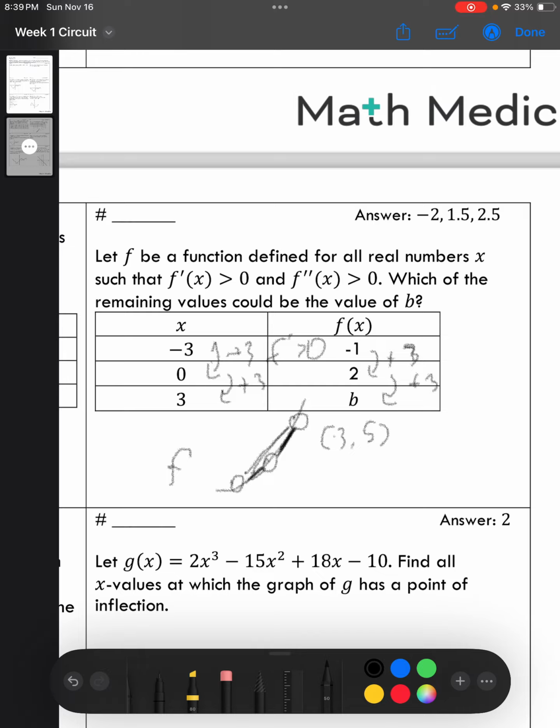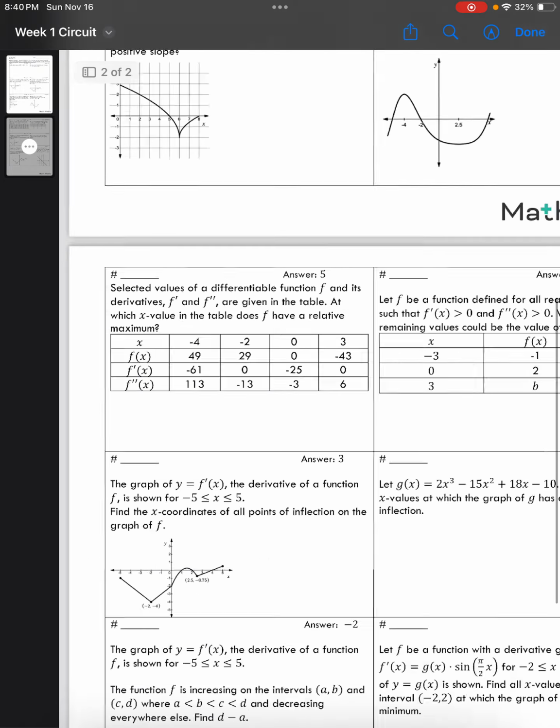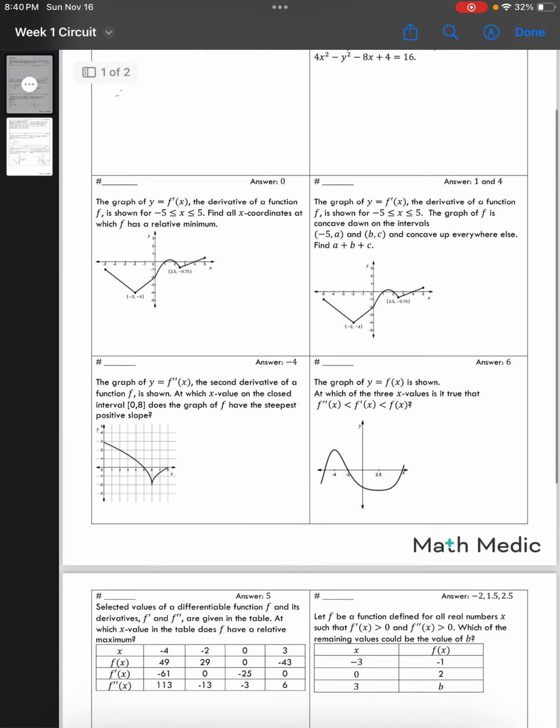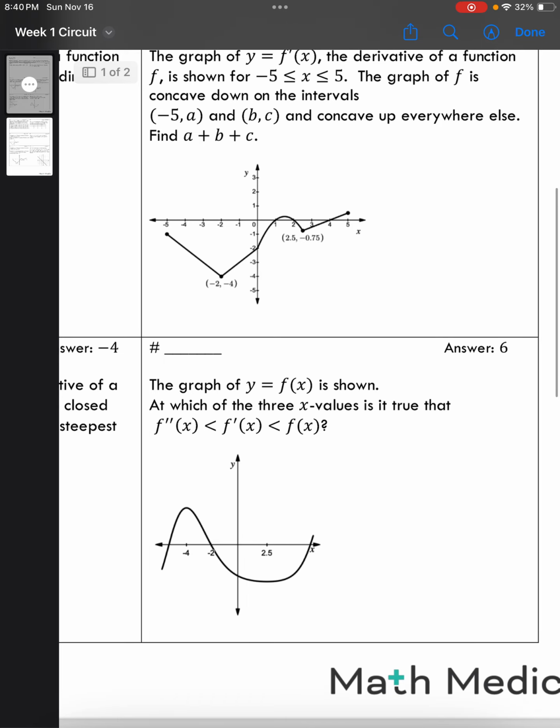So b is probably greater than 5 because we're increasing quicker, so it would probably be a bit more than 5. That would lead us to assume that b is something like 6, because it would be convenient, and that's also the answer. So let's see where the answer is 6. So the answer is 6 here.